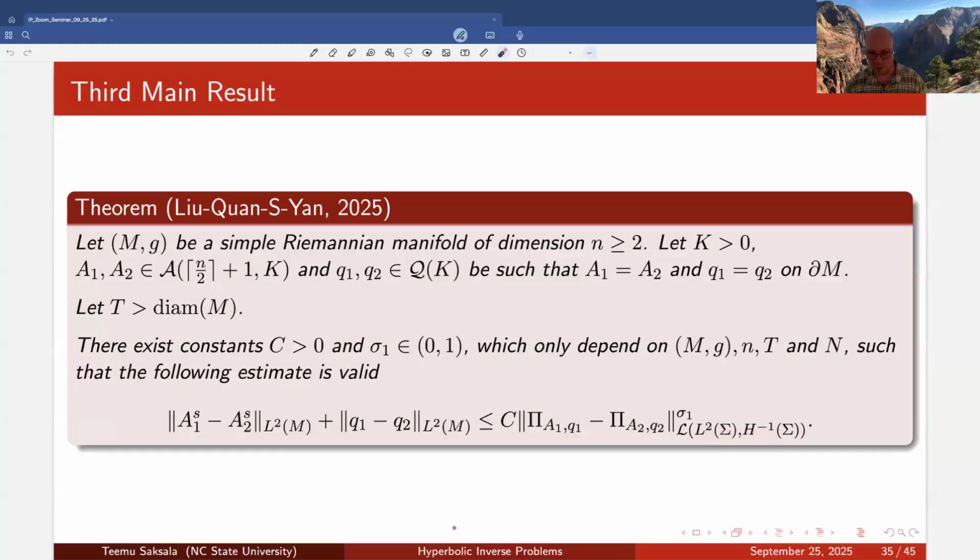Here pi, let me just recall, is the hyperbolic DN map. So we can recover stably, Hölder stably, these lower order terms if my manifold is simple.